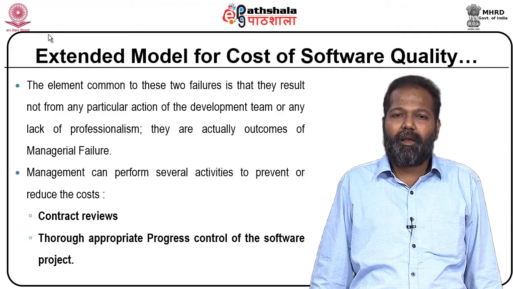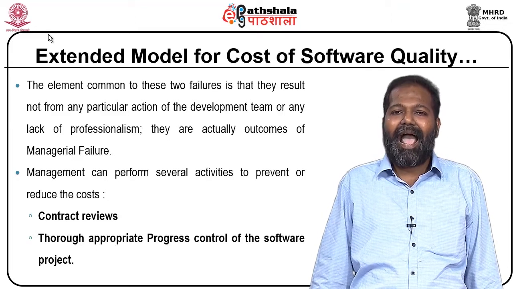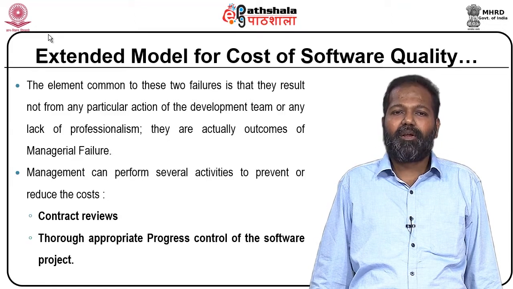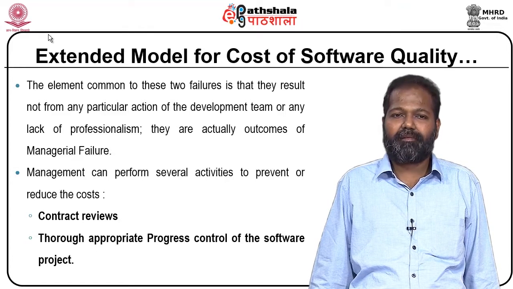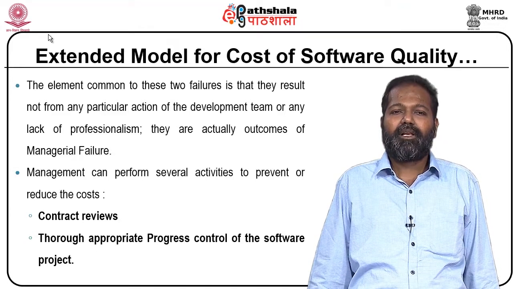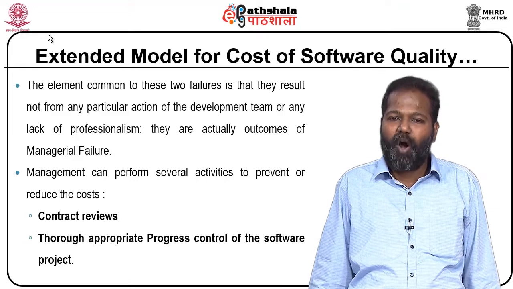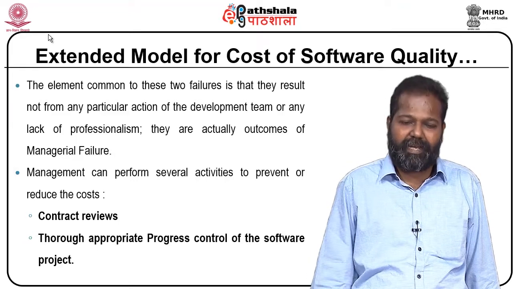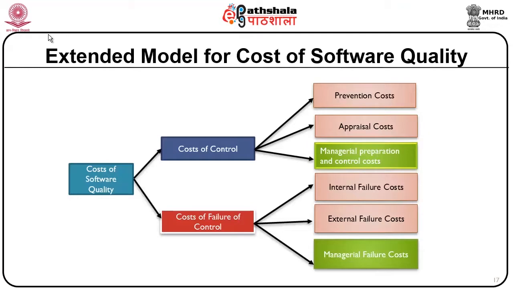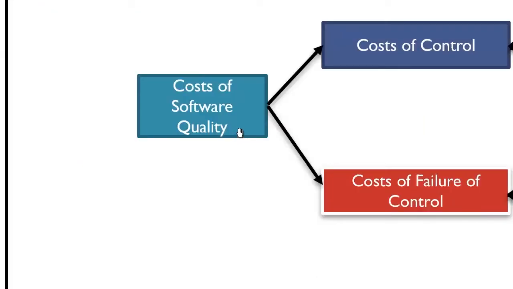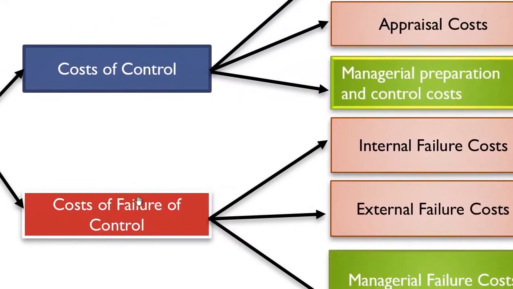Management can perform several activities to prevent or reduce the costs: contract reviews, and appropriate progress control of the software project. Now we will discuss the extended model for cost of software quality. We have already discussed costs of software quality. We have costs of control and costs of failure of control.